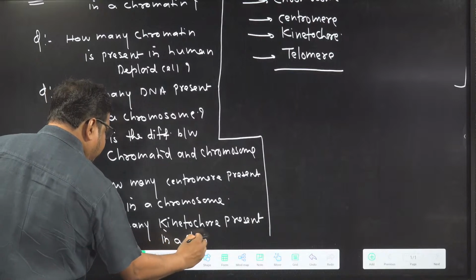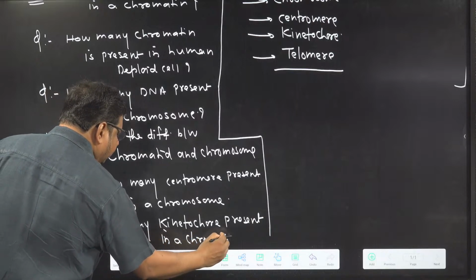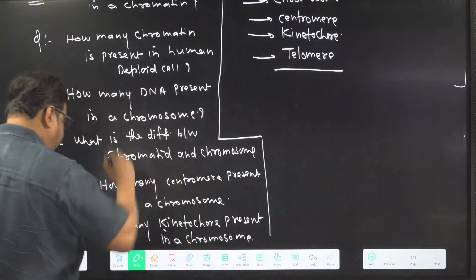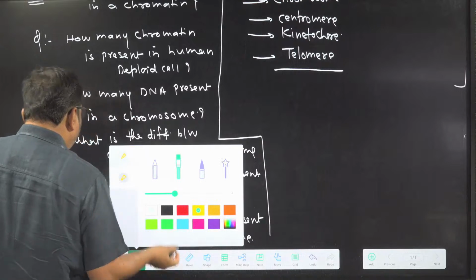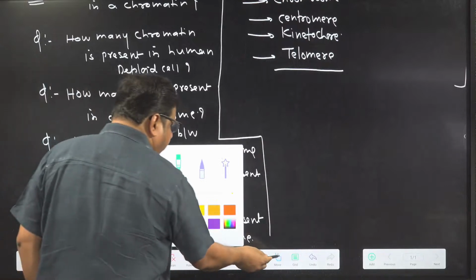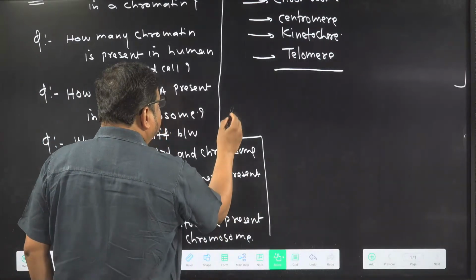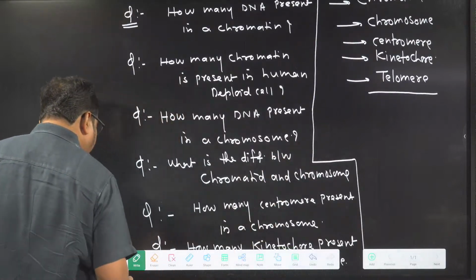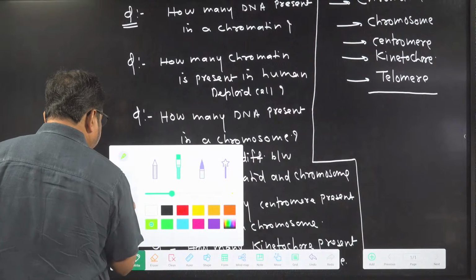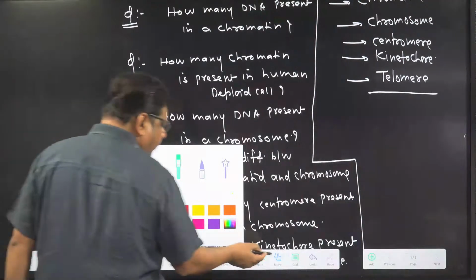So these are some of the questions I have written on the board, and because we are not looking at each other, there may be a time lag. So I am asking question by question, and please answer only the question I am asking. Let me come to the very first question.